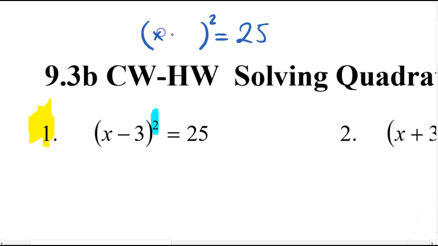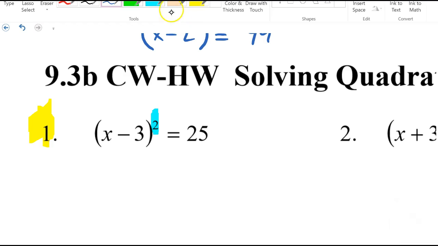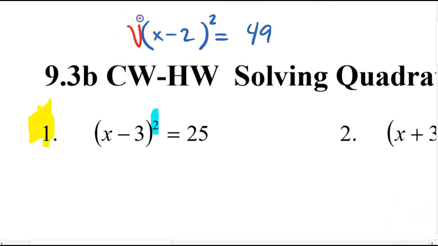Let's say it's x minus 2. Not even 25, let's do 49. If you have the parentheses on the left with a squared, you can take the square root of the left side and the right side, just like we did in the last section. Okay? And I'll show you what happens.